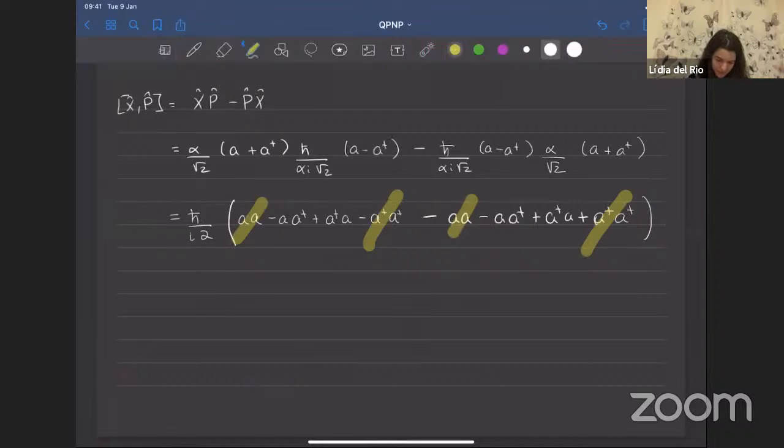So now we have this one appears twice with the same sign, and this one appears twice with the same sign. So you can get rid of the 2 here over i, and now we have what? Minus a a dagger plus a dagger a, right?